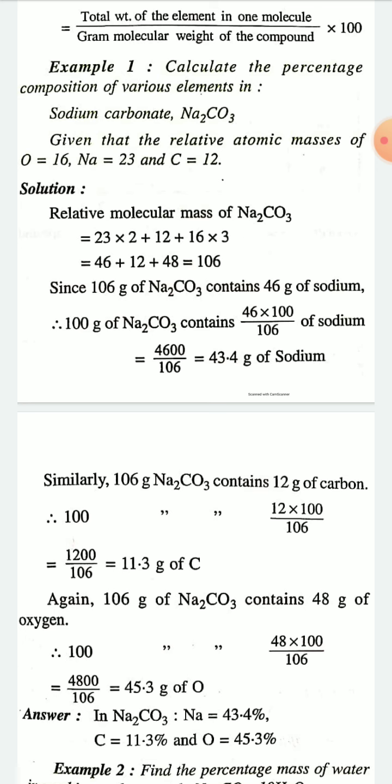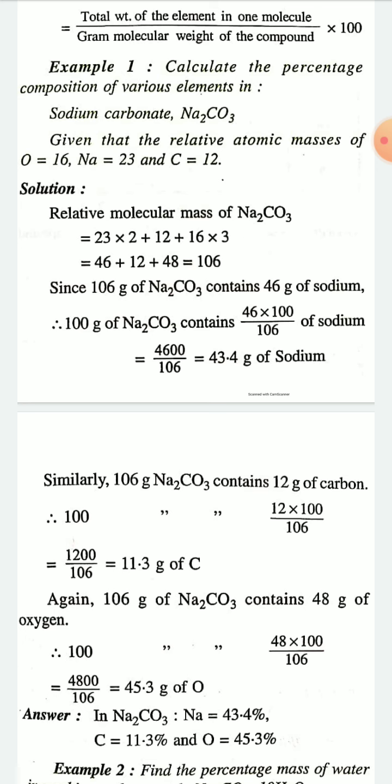For example, in sodium carbonate, total mass is 106, and only 2 sodium atoms are there, so 2 into 23, that means the mass of sodium is 46.